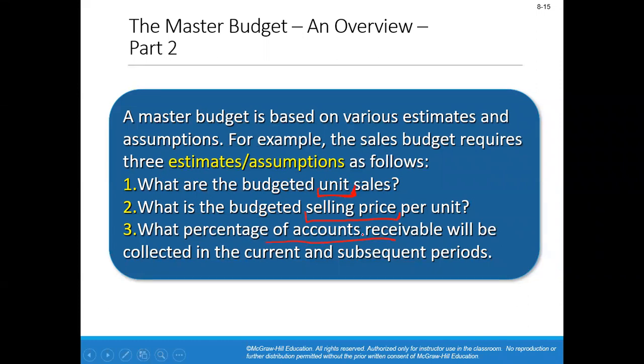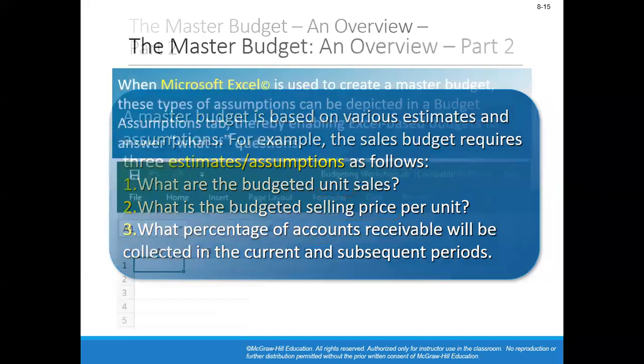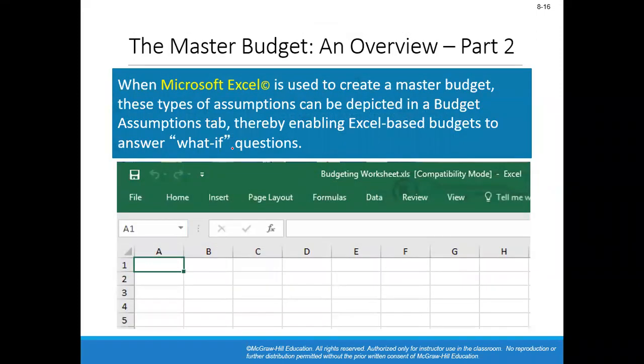Okay. So these are some assumptions we'll be using, and they should be added in Microsoft Excel in a separate sheet. That will help you apply a command like what-if. Based on the assumptions, you can apply the formula or command like this, what-if, most commonly used.